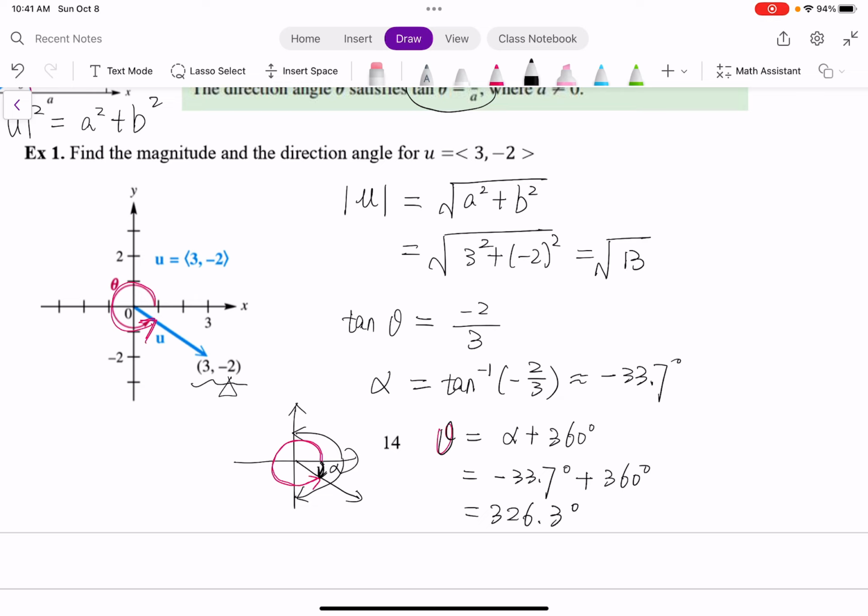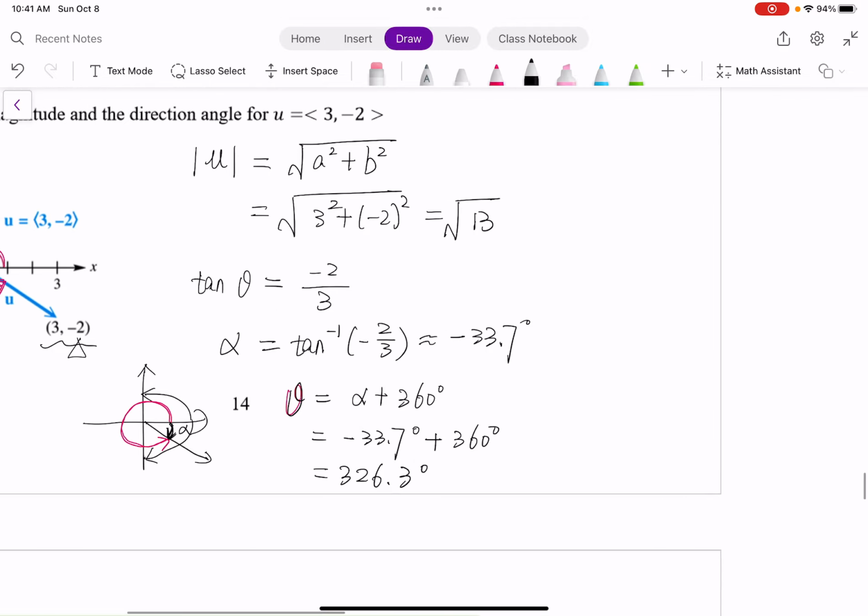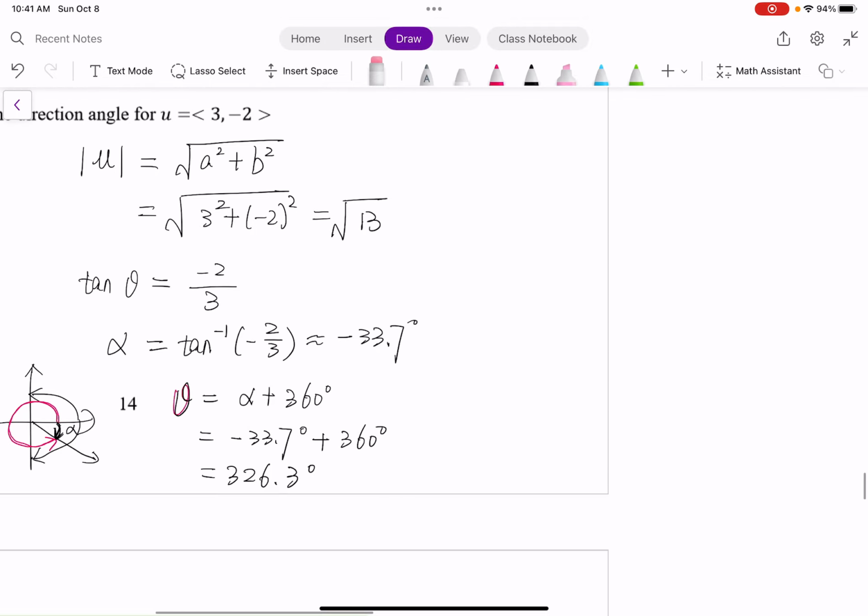degrees. And maybe some of you will ask, I'm very confused about the coterminal angle. So how about this? My calculator gave me this angle, -33.7 degrees. And how about the acute angle of this? Reference angle is always an acute angle. We say this must be 33.7 degrees.